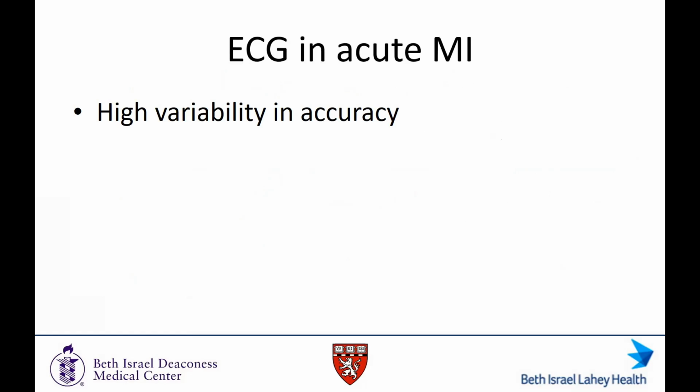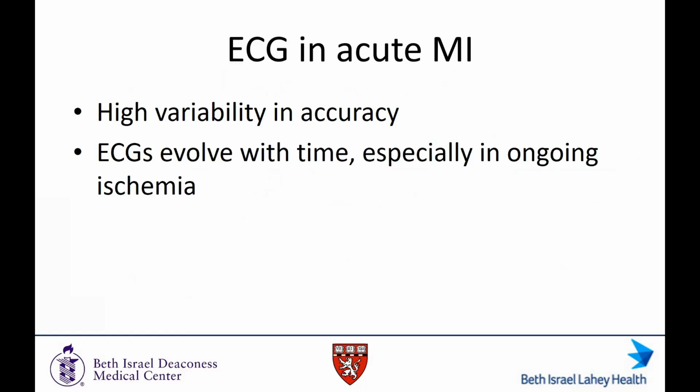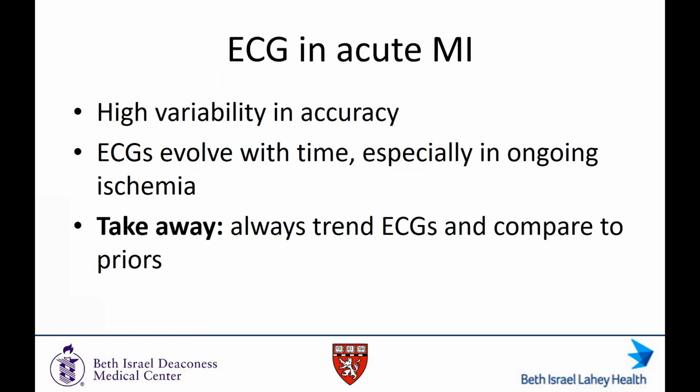People have different coronary anatomy. So just things to keep in mind. I think the takeaway here would be that EKGs can evolve with time, and it's very important to trend EKGs if you're concerned about anyone, especially if they have risk factors or the history is suspicious for ischemia. And someone once told me the best EKG interpreter in the room is the old EKG.